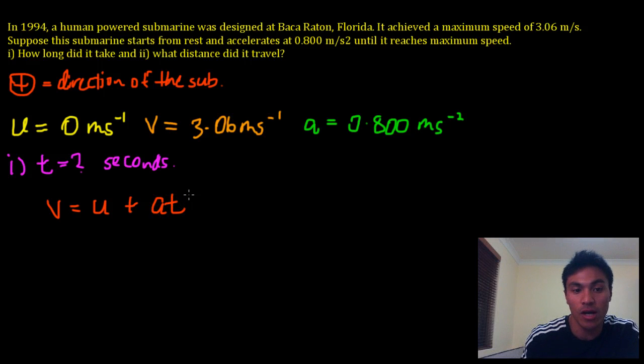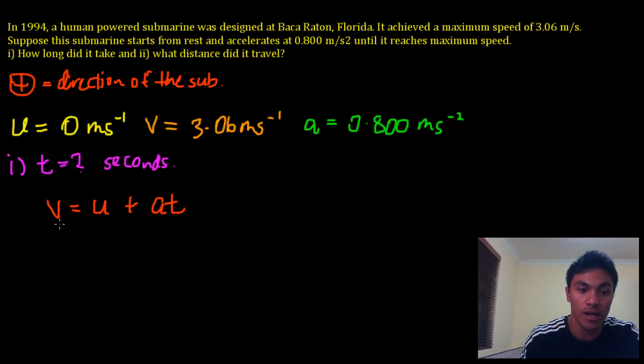And this one's quite good, because our u term here is 0, so it's not even going to affect how this increases. And this is quite intuitive: acceleration is how much it speeds up every second.